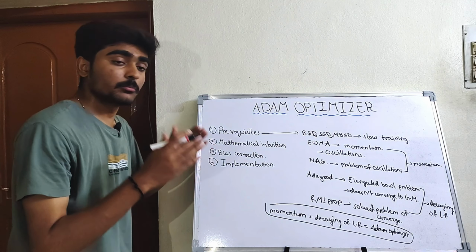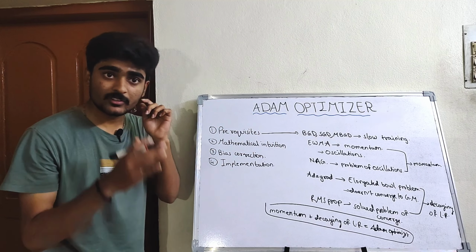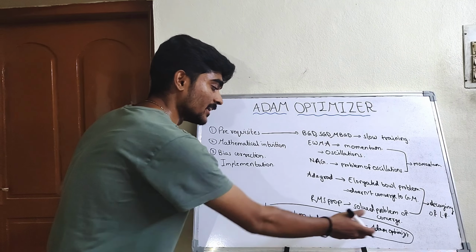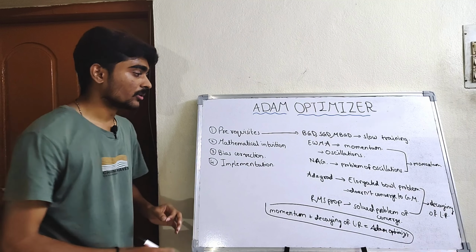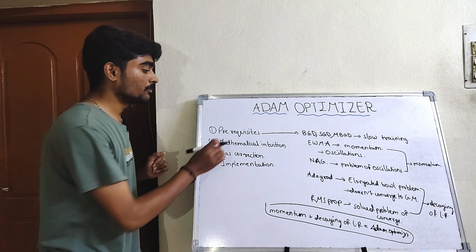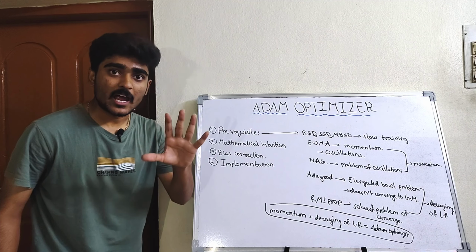When you move on to the mathematical intuition of the Adam optimizer, you'll understand this statement in detail. In the next section of the video we'll be seeing the mathematical intuition of Adam optimizer.